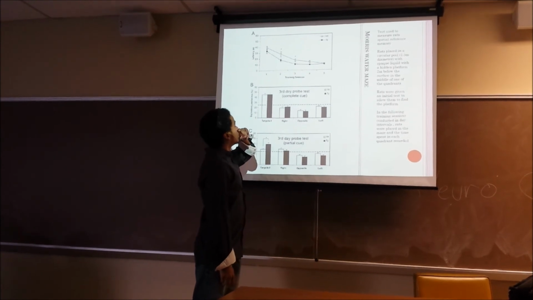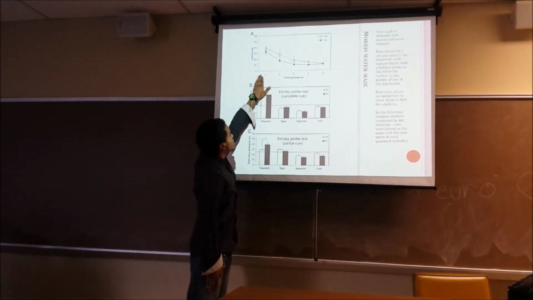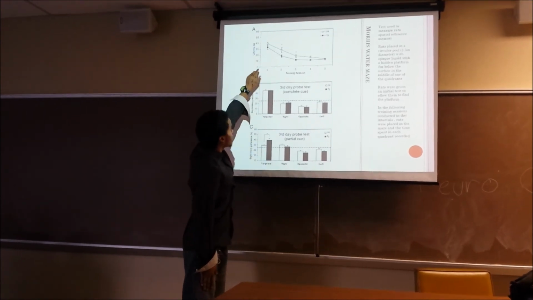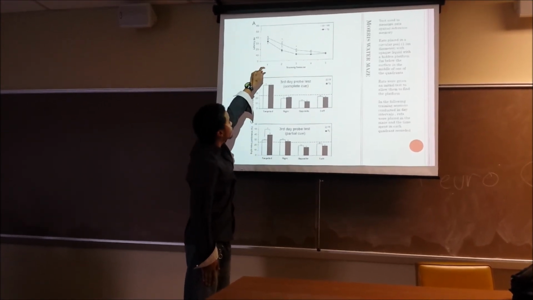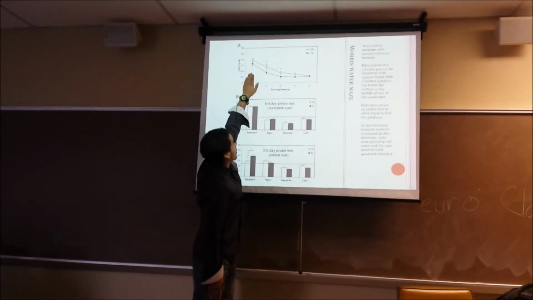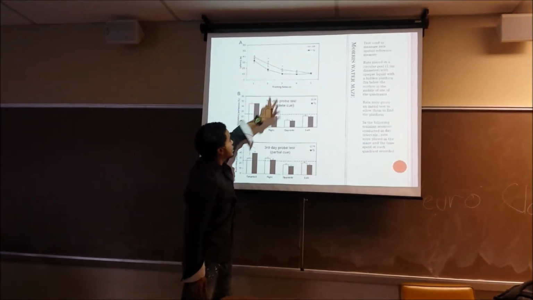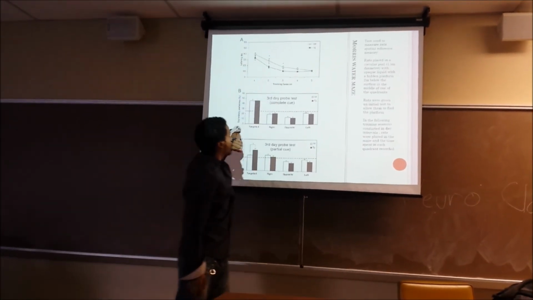In the training sessions, they measured the amount of time it took for them to find the platform, and they noticed that the transgenic rats spent less time trying to find the platform, especially around the second and third training sessions.